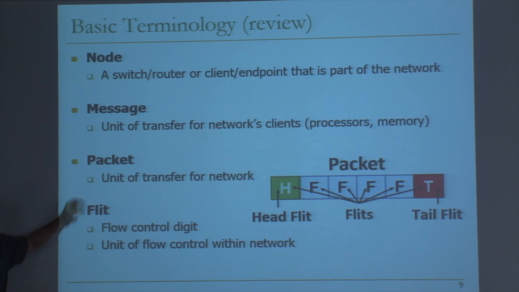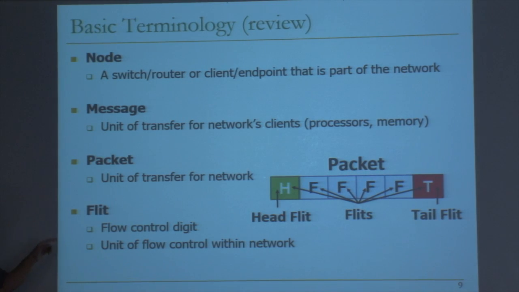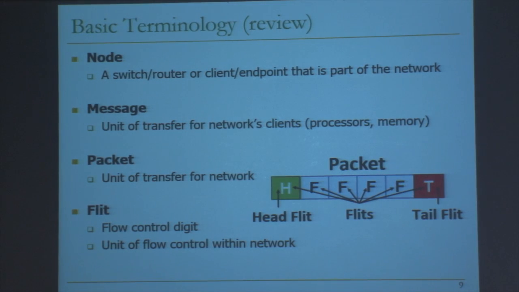A packet is the unit of transmission inside the network. These don't have to be the same. They could be, but there's a logical encapsulation: one can contain the other. Packets inside the network are usually split into flits, which are flow control digits. This is the unit at which flow control is managed in the network. And we will go into more detail about different flow control schemes in this lecture.